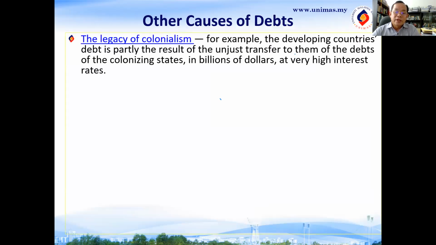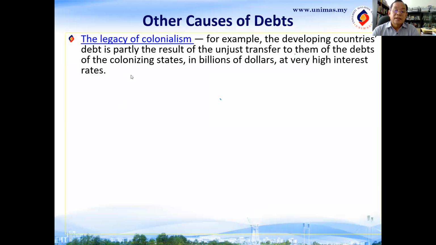What are the causes of debt? There are other reasons why debt happens. One, according to the literature, is the legacy of colonialism. For example, for developing countries, debt is partly the result of the unjust transfer to them of the debts of the colonizing states, in billions of dollars at a very high interest rate.